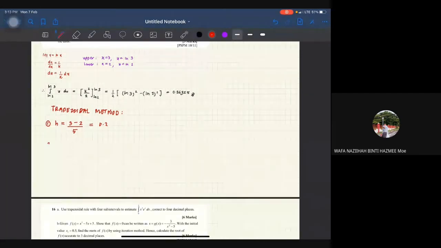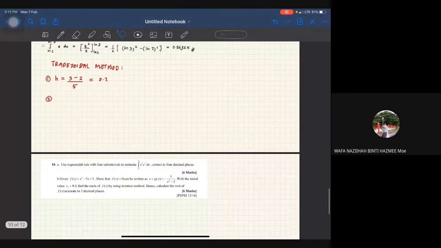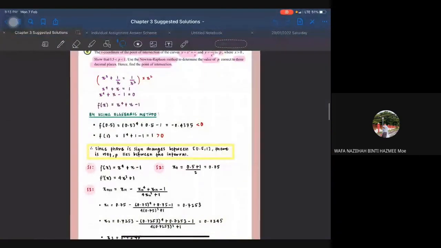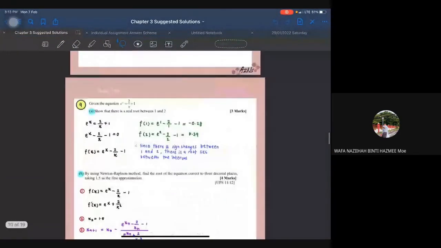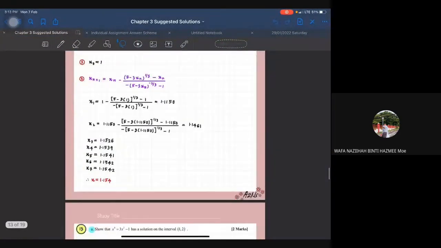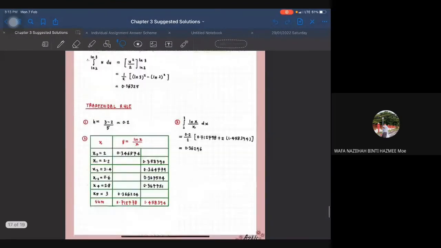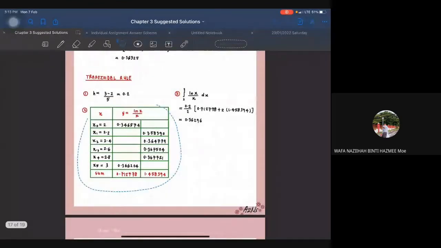So second step, number 2. Okay, so kita akan terus masukkan dalam table. Let me copy my table first. Mana table saya? Sekejap. This one. Number 15 kan? Let me copy my table. This one. Copy.